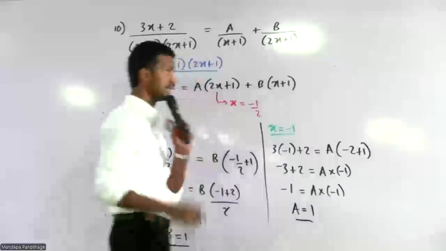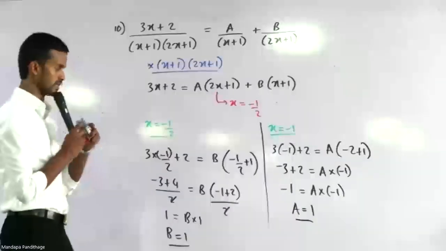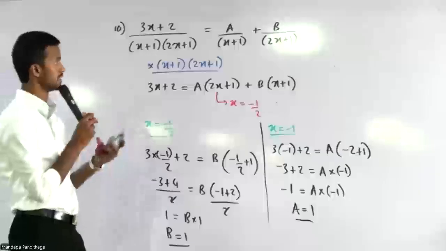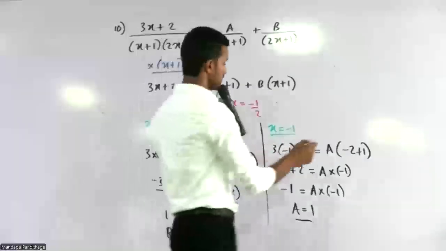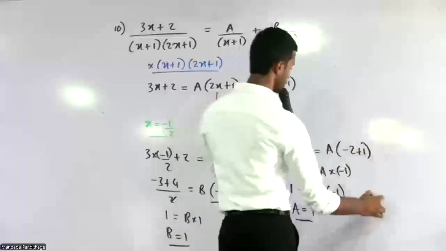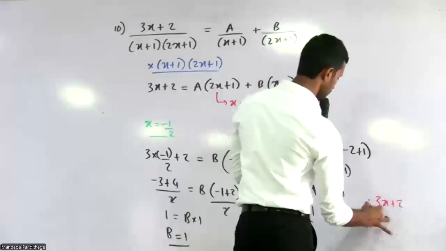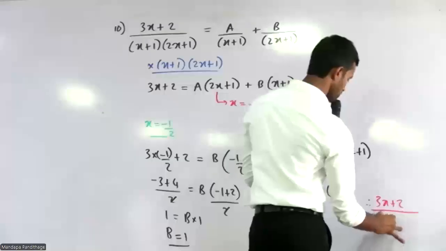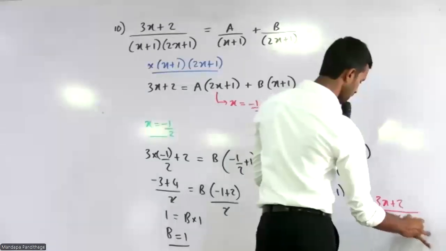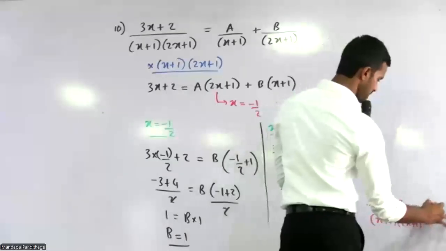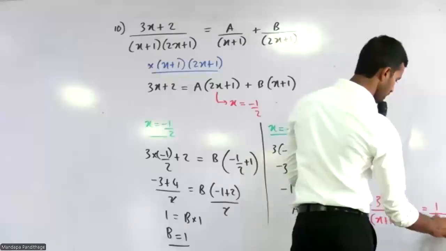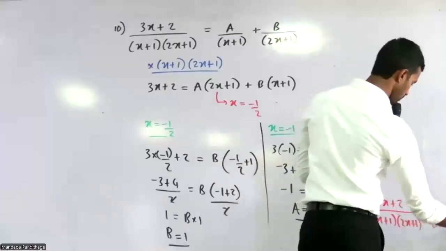So I get a and b are equal to 1. Then you can write the final partial fraction: 3x plus 2 over x plus 1, 2x plus 1 is equal to 1 over x plus 1, 1 over 2x plus 1. Clear?